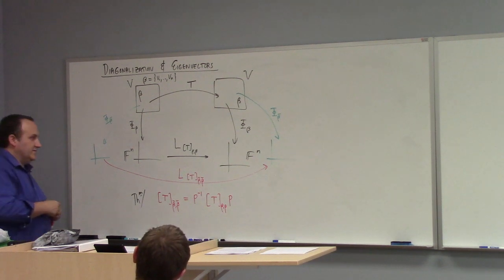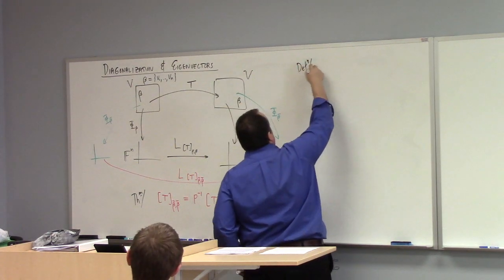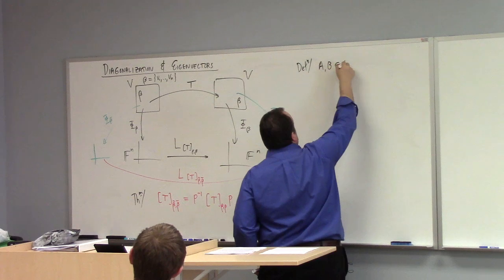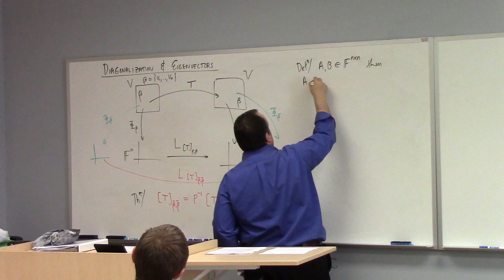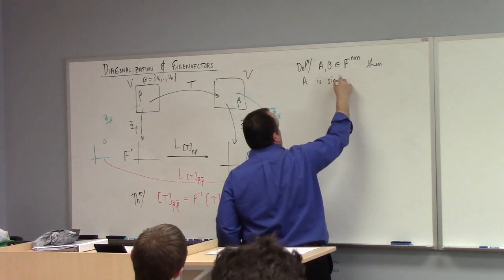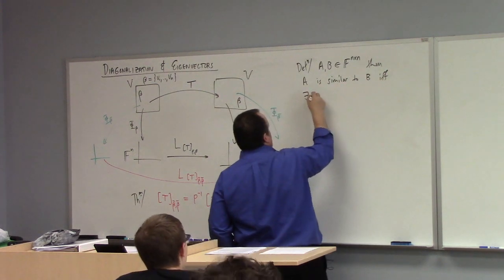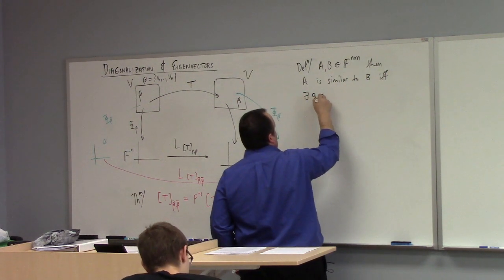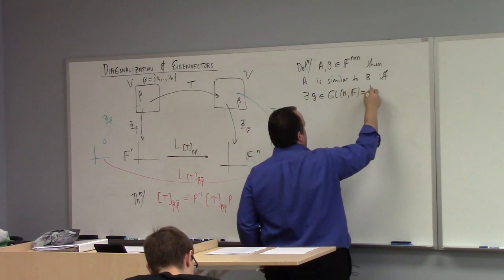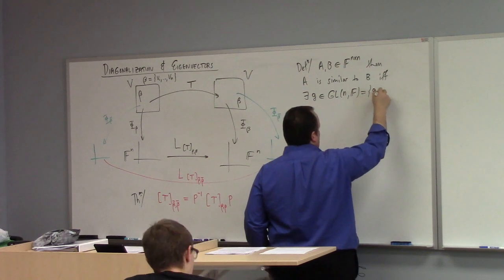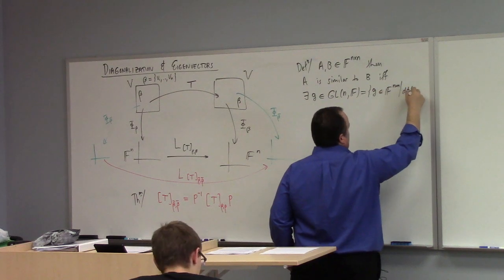So this relation, more generally, definition: if we have A and B in Fn by n, then A is similar to B if and only if there exists G in GLn(F). And that, by the way, is the set of G in Fn by n such that the determinant of G is not equal to 0.